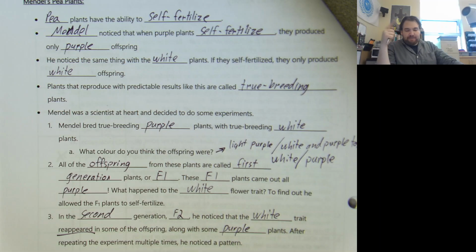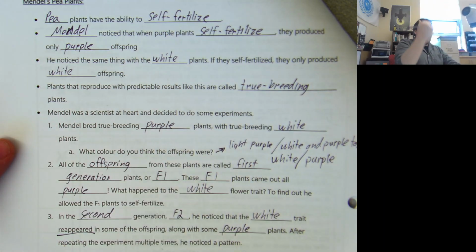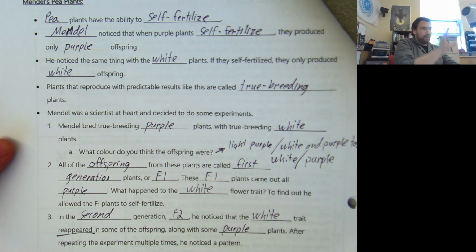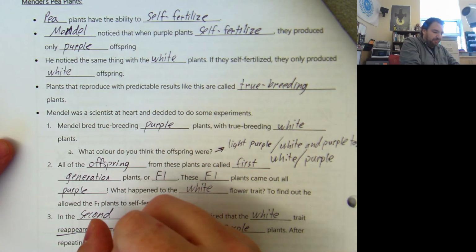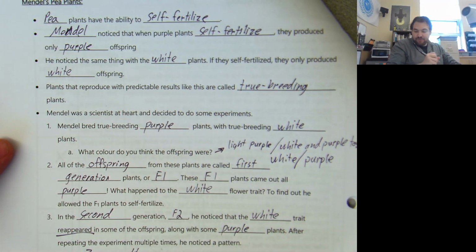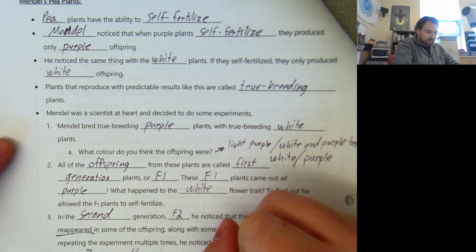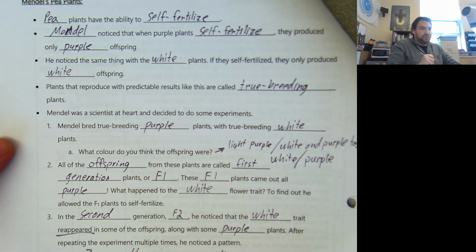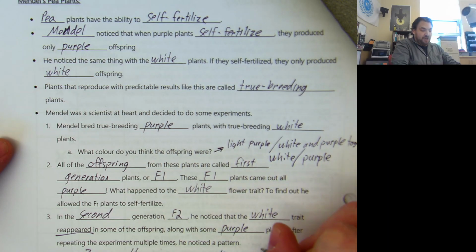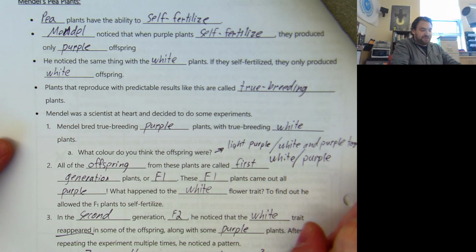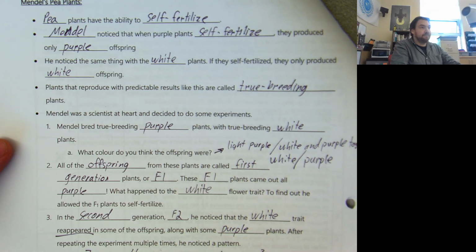After repeating the experiment a bunch of times, he noticed a pattern. In that F2 generation, when they were allowed to self-fertilize, 3 out of 4 plants would be purple. So I'm going to rewrite that as a fraction. 3/4 as a percentage. 3/4 is what?